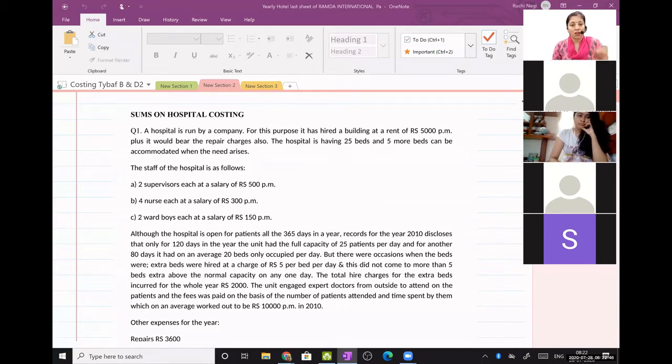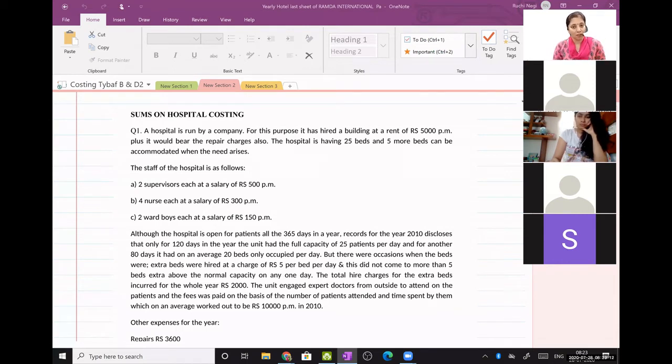So the cost unit in this type of sum in hospital costing is a composite cost unit where we will be calculating number of patient days or number of bed days. So your fixed and variable cost will be dependent on these cost units. Clear everyone? So what will be the definition of variable cost now for hospital costing?